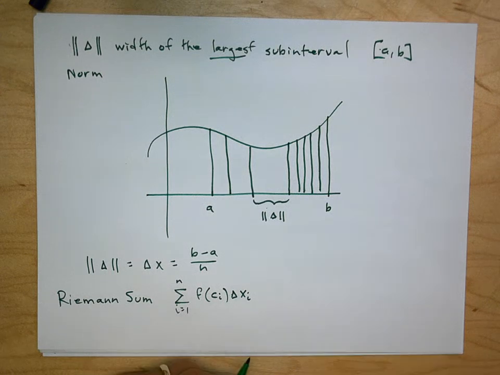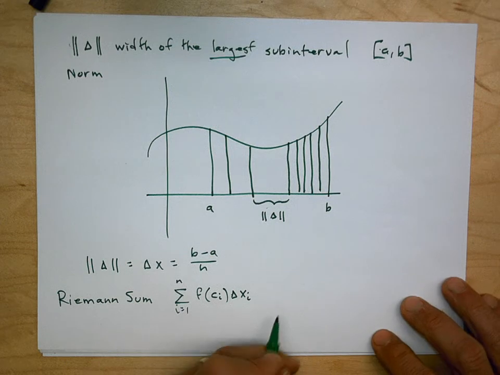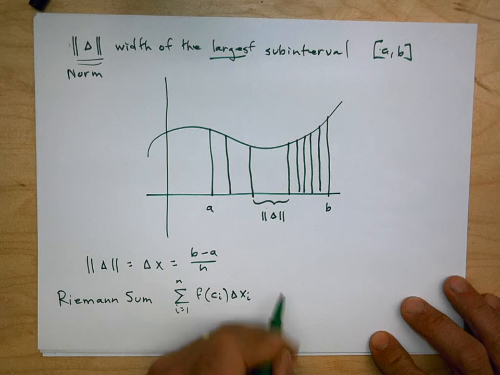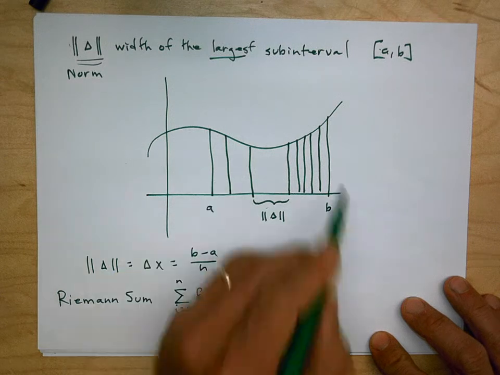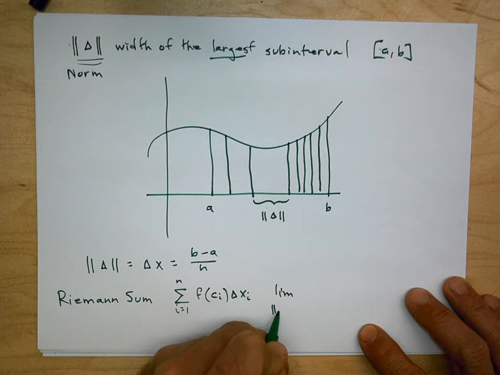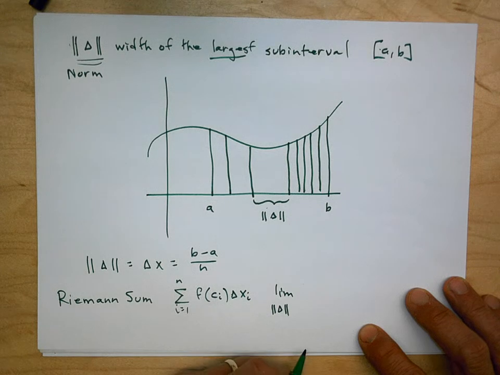And then what we're doing with this norm is, in order to actually find the area under the curve, we take the limit as the width of the largest subinterval goes to 0.